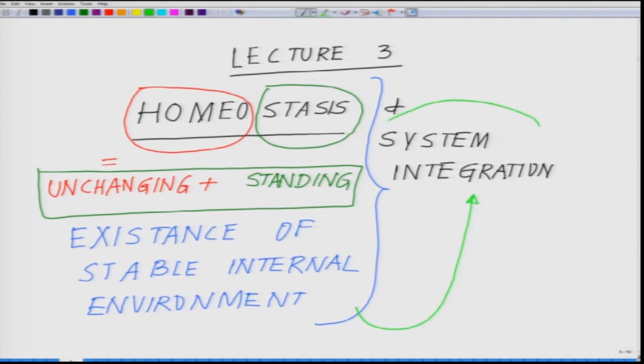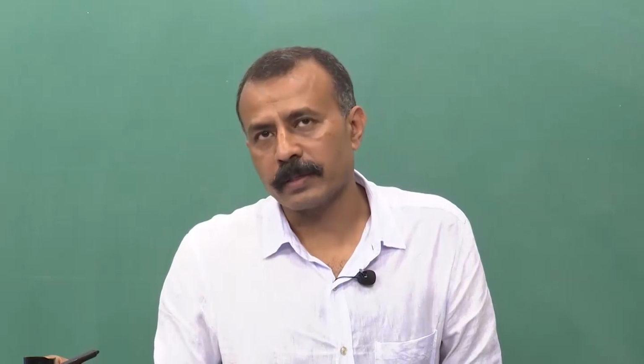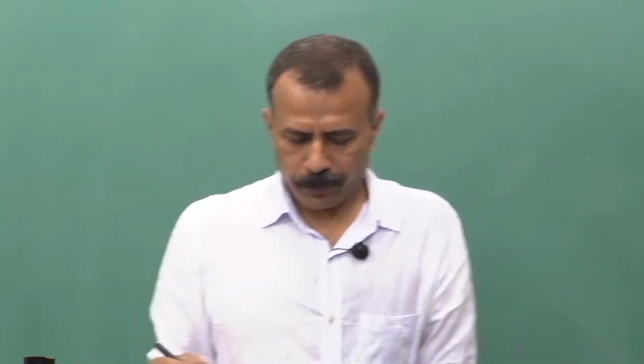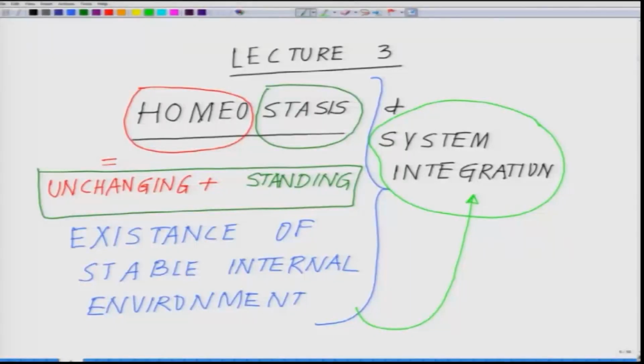Homeostasis is the one which leads to what we call system integration. A system gets integrated because it can recalibrate itself by different mechanisms in order to allow it to function. Now, from here let us move on to the next slide, where we will talk about the different mechanisms of homeostasis.